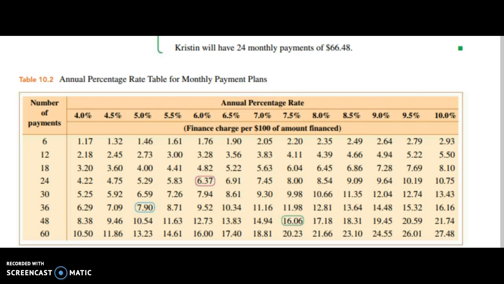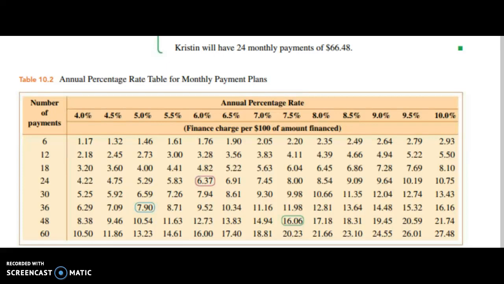And then we're going to come across and find the closest number that we can to the percent that we calculated before, which was 8.15, okay? So 8.54 is a little too high. 8 is closer to 8.15 than 8.54 is. So we are going to be in this column, which means that the APR, the annual percentage rate, is 7.5%.